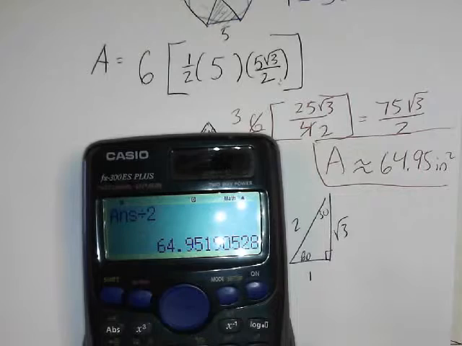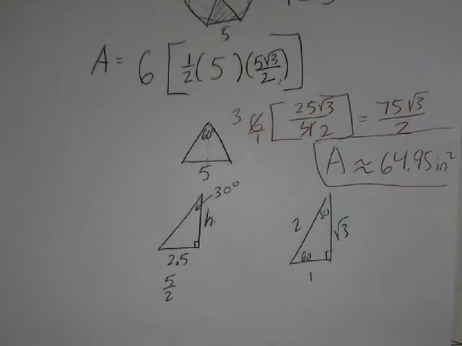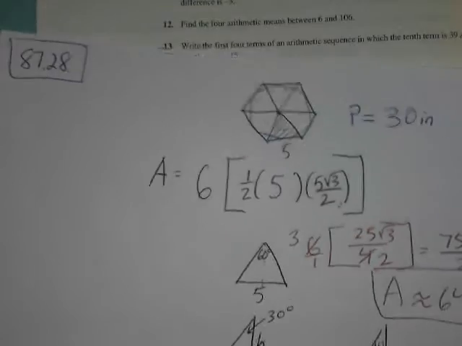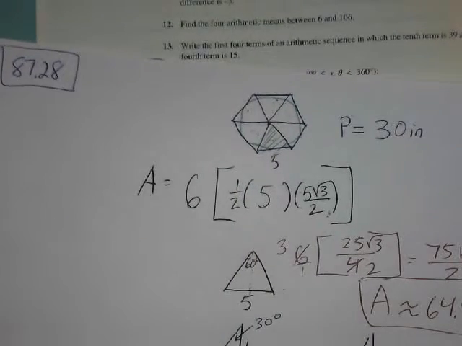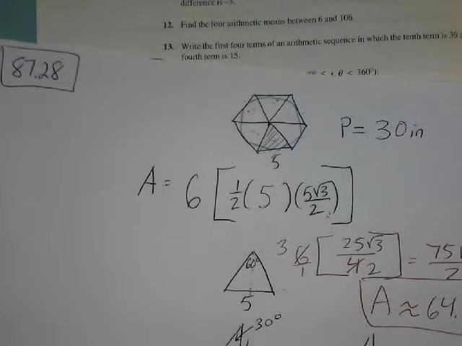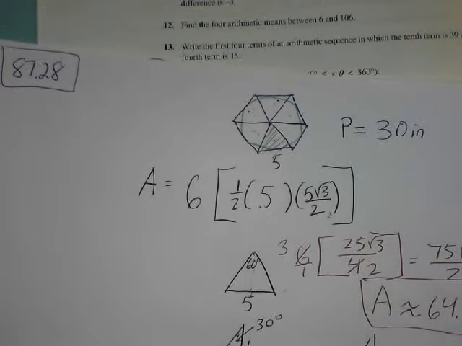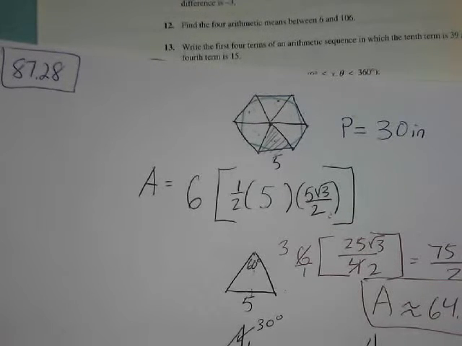Now I'm supposed to also find the radius of the circle that is inscribed in the polygon. I think the radius of the circle is just going to be the height that we just found. That's kind of groovy. What was our height? 5 root 3 over 2.